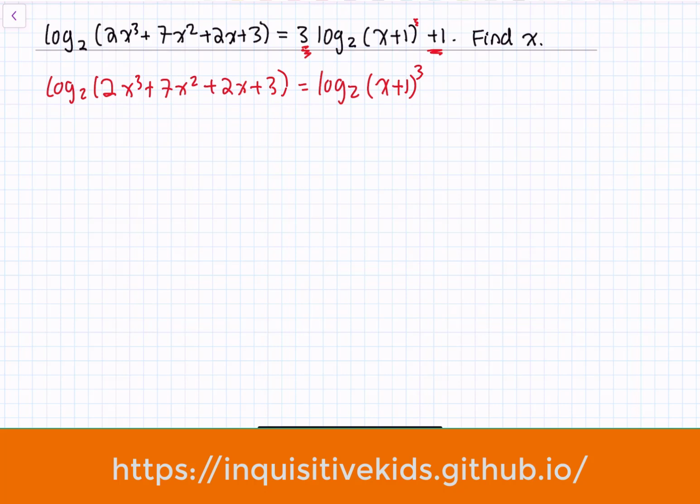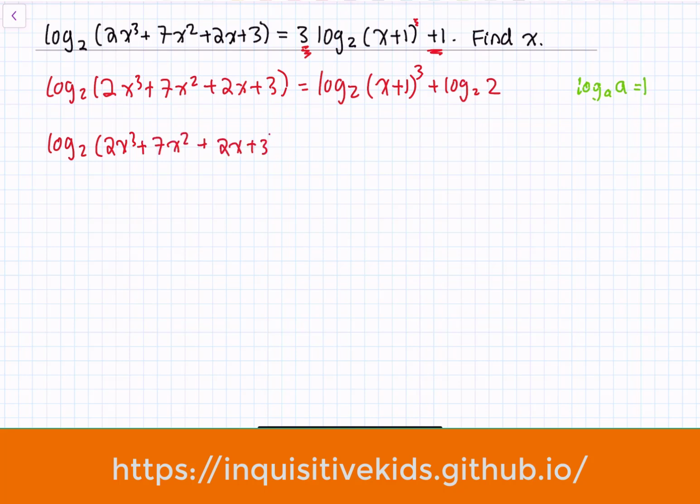Well, we know that log a a is equal to 1 always. So in order to make it consistent with the other terms, we can turn this 1 into plus log base 2 of 2. And on the left, we still have log base 2 of (2x cubed plus 7x squared plus 2x plus 3).